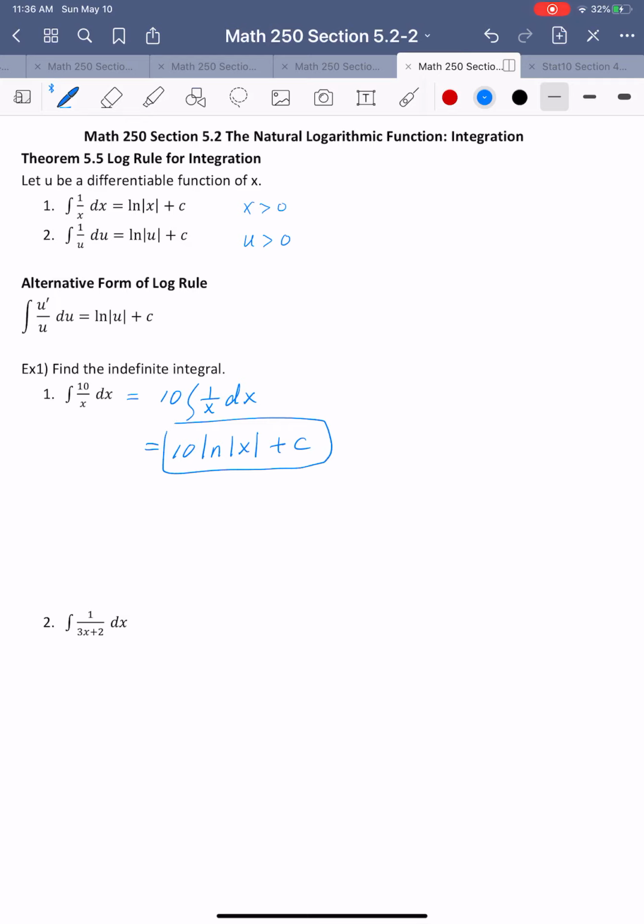For the second one, I want to use a substitution. Let's say u is 3x plus 2, which means du is 3 dx.